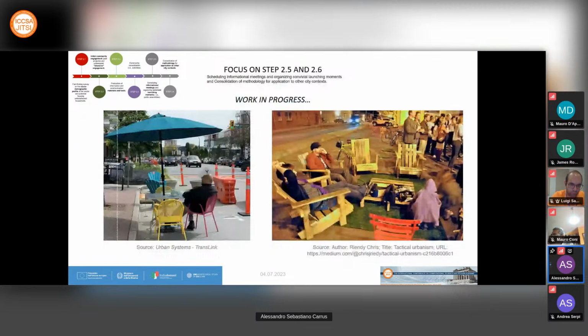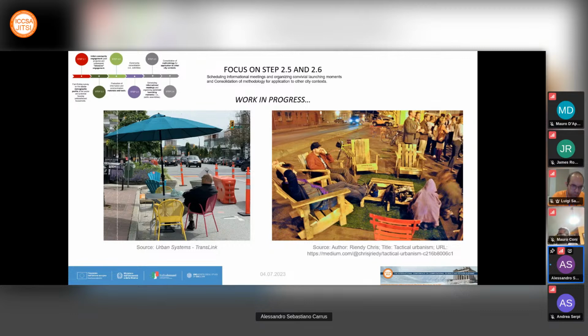The next engagement steps are still in progress and will concern the phase of informal meetings and convivial moments, where the members of our research team will create together with the inhabitants an urban furniture object in self-construction, which will become a station where to meet and talk about the choices to make for the foundation and drafting of the statute of the first energy community in Cagliari.